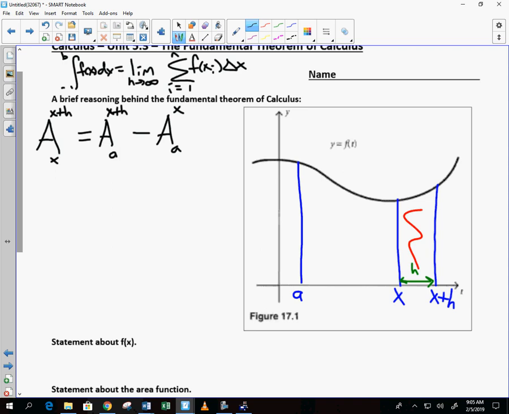Would you agree that if I took h times f of x, I would get approximately the area? It wouldn't be exact, but it would be an approximation. Everybody agree with that? So I'm going to say that h times the height of the function is approximately equal to the area from a to x plus h minus the area from a to x.